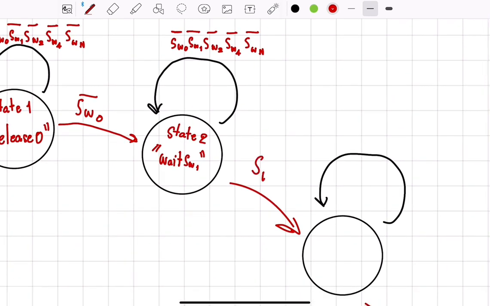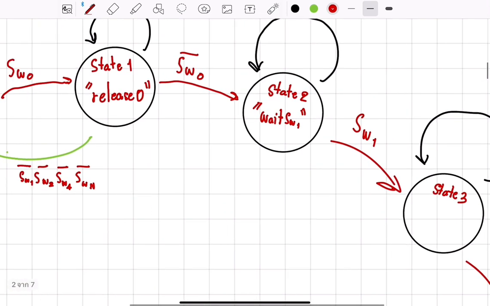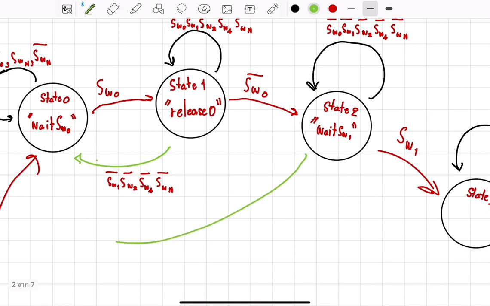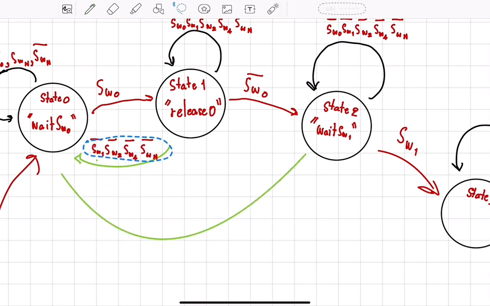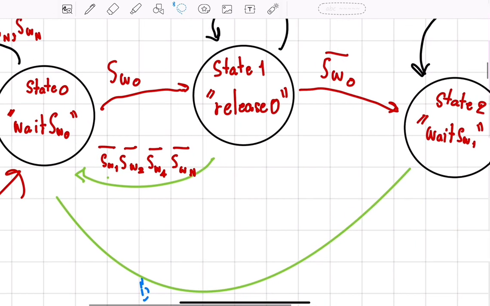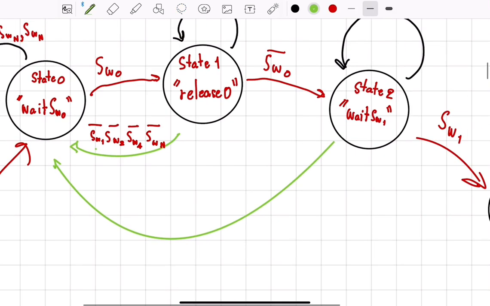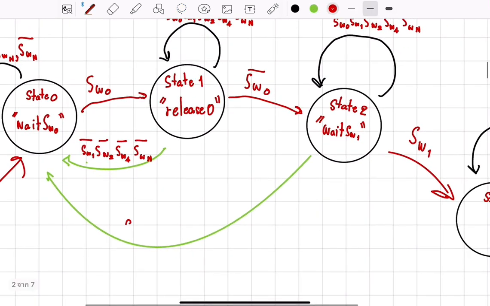When I put switch 1, I go to state 3. When I put switch N, switch 0, switch 2, switch 4, I go to state 0.